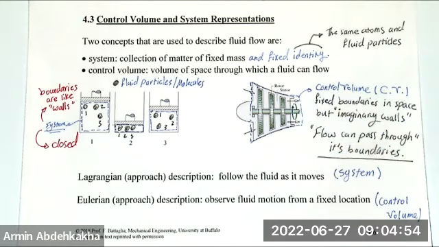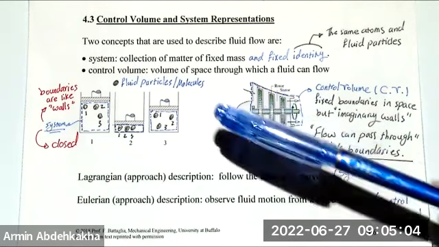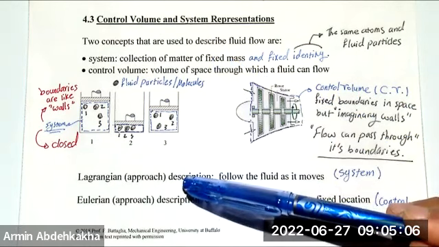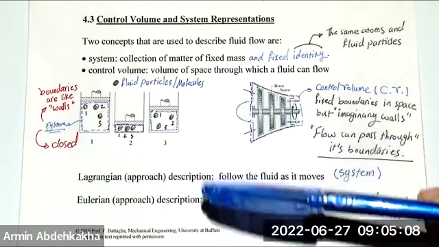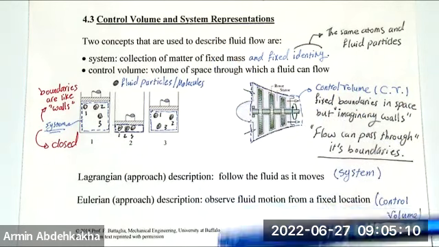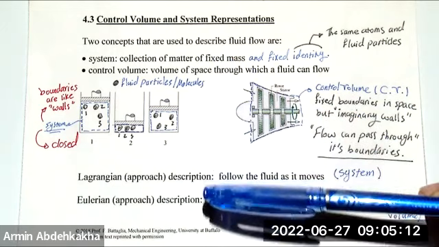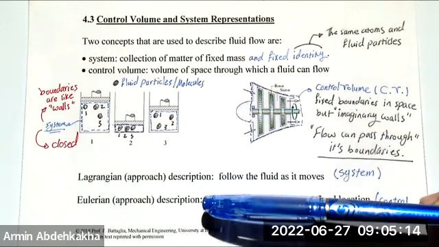So we have two concepts that are used to describe a fluid flow. One of those is system, and the other one is control volume. The system is based on the Lagrangian approach, and control volume is based on the Euler approach. How are these two different, and how are they related to the Lagrangian and Euler approach?